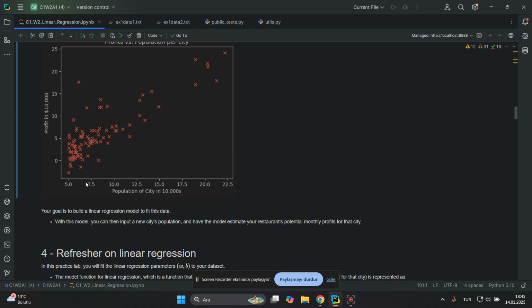In here, you are seeing the scatter plot displaying populations and profits with the x and y labels. We are visualizing the data, and the goal is to build a linear regression model to fit this data.